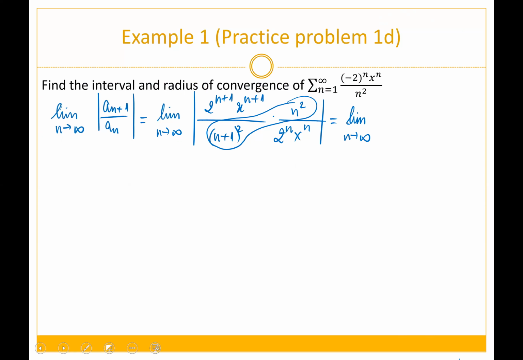The other part is just 2 absolute value of x, and you need it to be smaller than 1. Therefore, absolute value of x is smaller than half. So the radius of convergence is half.